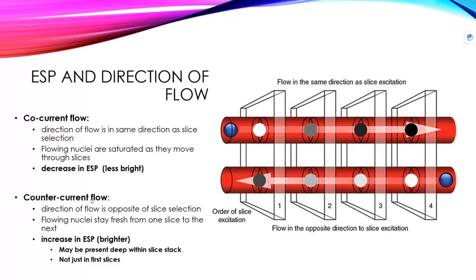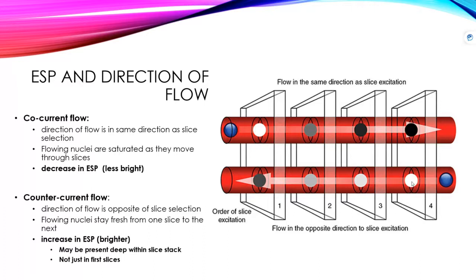Countercurrent is the opposite of that. The spin is actually moving through the slices in the opposite direction that we are exciting those slices. Because of that, the spin actually remains fresh. So we're exciting slice 1, but the spin is back here, and so it's going to show up really bright.